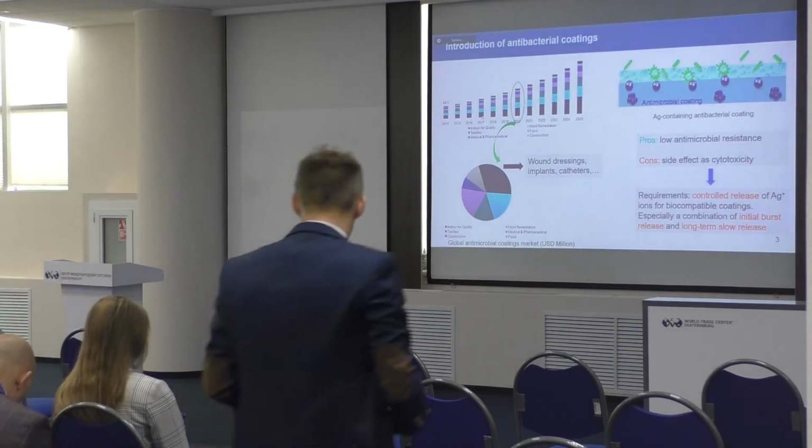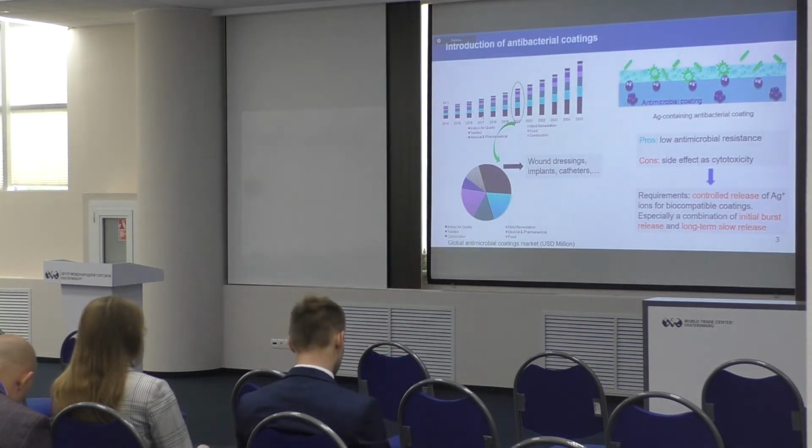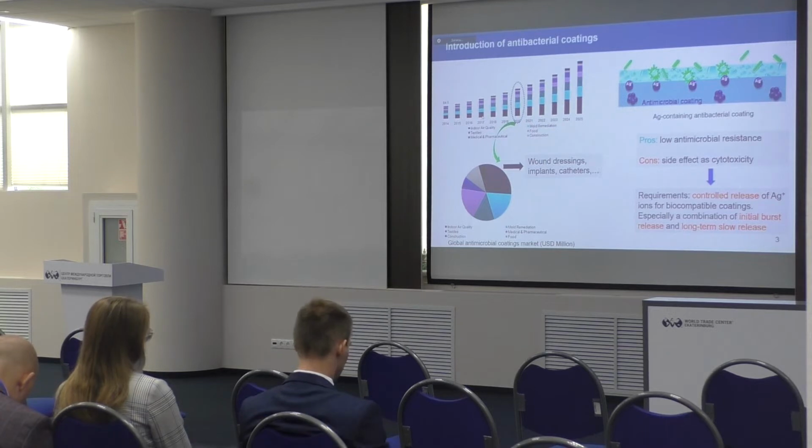According to the market report, antibacterial coatings contributed to more than $100 million in the global market of last year, especially as we experienced COVID-19, and there's a huge requirement for the antibacterial coatings and also antivirus coatings. Regarding the medical applications of antibacterial coatings, we can find some examples like wooden dressings, implants, and catheters.